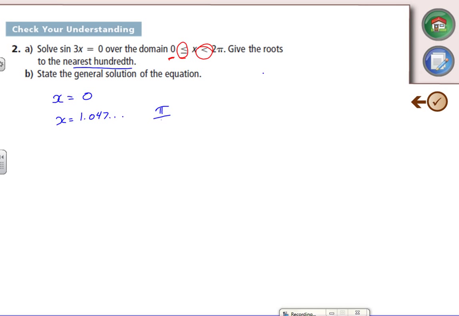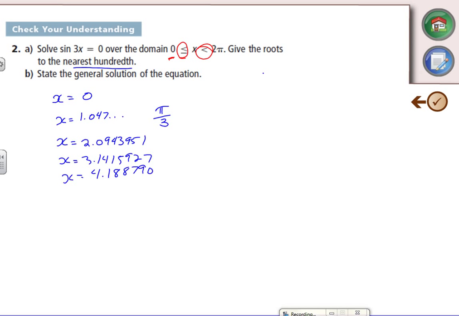Let's go through. I'll just give you all the rest of the answers. Next one would have been 2.0943951, then 3.14159. Oh, that looks like pi. x equals 4.1887902. And 5.2359878.